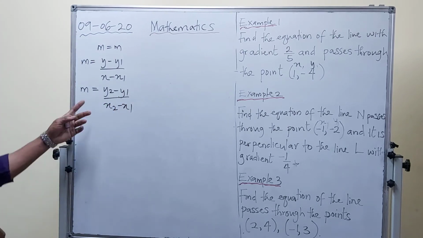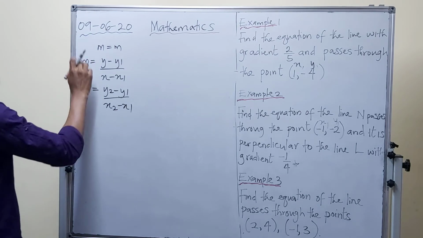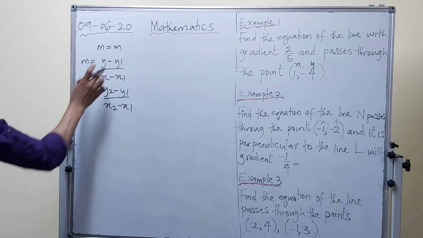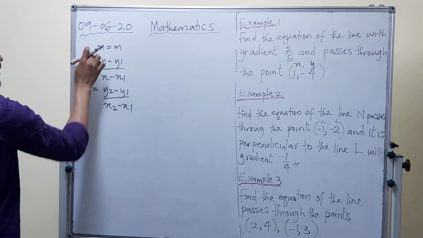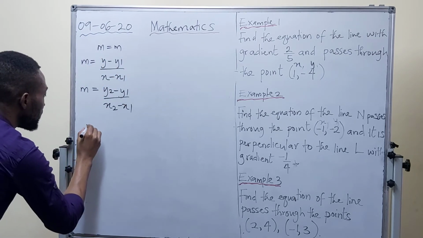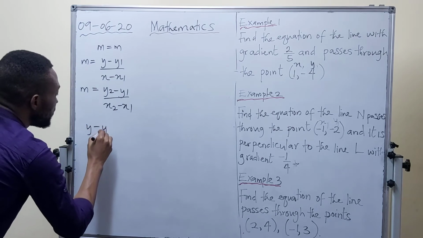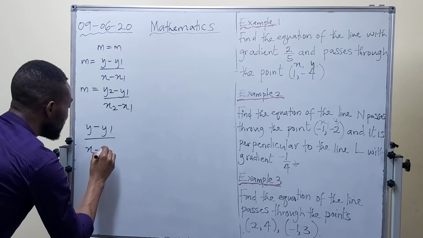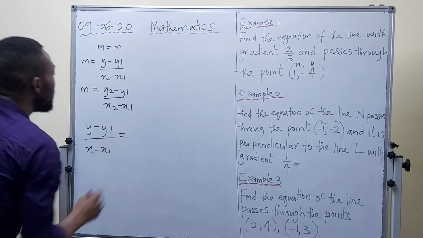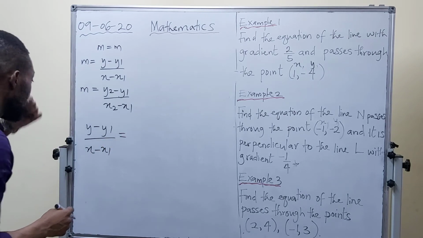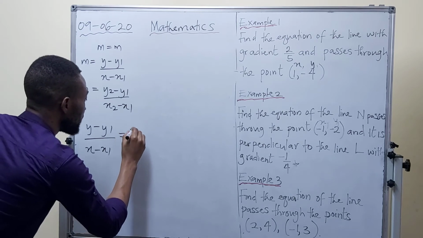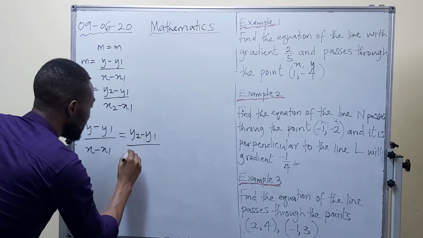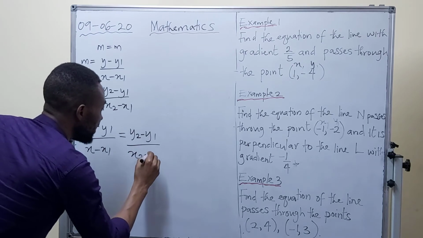So we have these two formulas, that is why I say m is equal to m. So if m can equal m here, then we have y minus y1 over x minus x1 equal to y2 minus y1 over x2 minus x1.